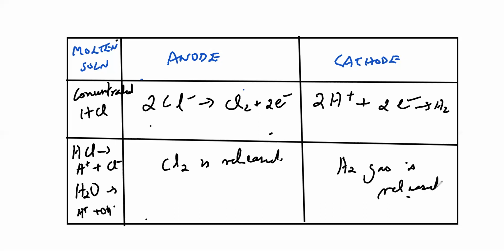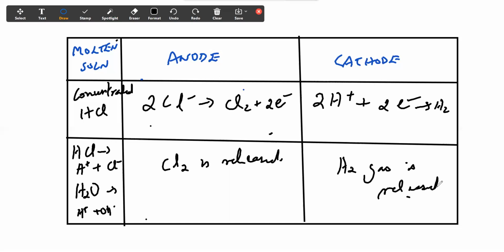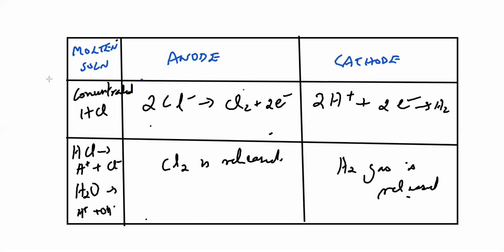So this is about concentrated hydrochloric acid. What happens if it is dilute? If I replace this with dilute HCl, then the cathode will remain the same: 2H plus plus 2e minus, that doesn't matter.